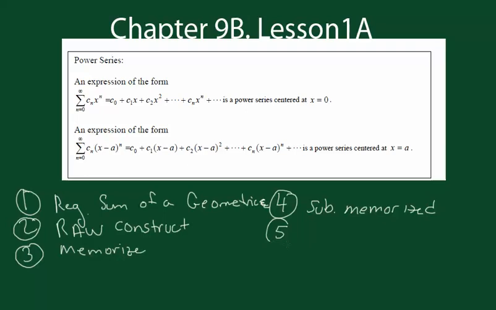Finally, number 5, we will manipulate known series, ones that we have memorized. So we memorize them, and then we will manipulate some of them. By manipulate, I mean derivative or integral.